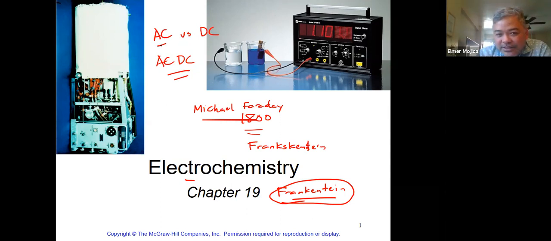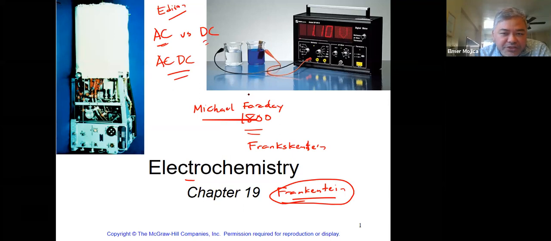So you have alternating current versus direct current. Who's the one that is involved there? Usually there are a lot of people, but one of the people involved there is Thomas Alva Edison, the wizard of Waverly Place. Is that Waverly Place? Whatever it is, the one that he has there in New Jersey.